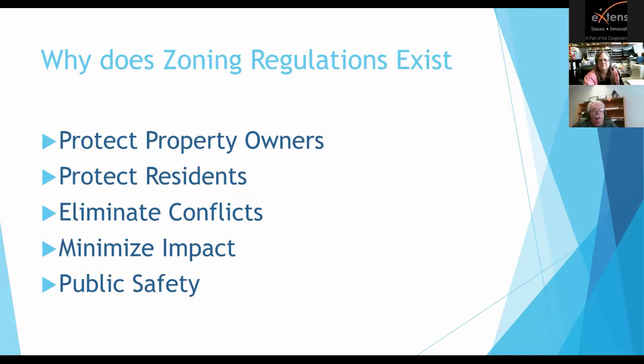We want to make sure that things are allowed, but we want to minimize the impact that is occurring because of that activity. And then in the last place is public safety. So what we're really looking at when you talk about zoning regulations, they're there for one of 5 reasons: to protect property owners, protect residents, eliminate conflicts, minimize impact, and for public safety.